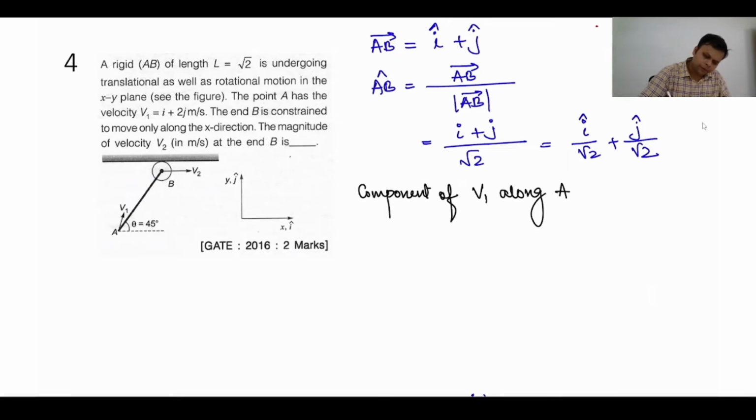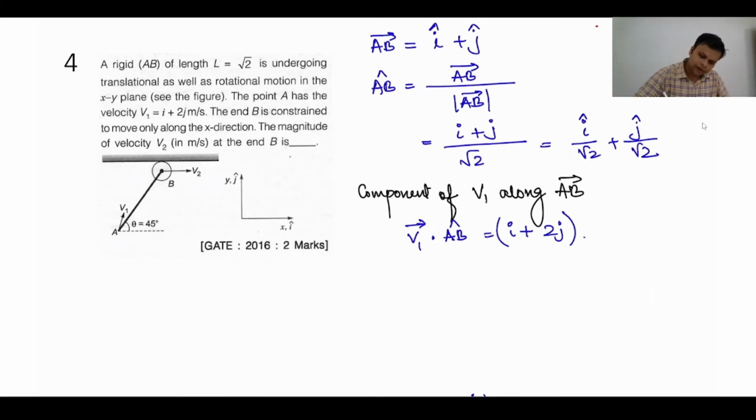Right? Now the component of V1 along AB. This is a very beautiful concept. So if you want to find out the component of V1 along AB, what are we going to do? We will take the dot product of V1 and the unit vector AB. So what is V1? It is already given. This is equal to i cap plus 2 j cap.